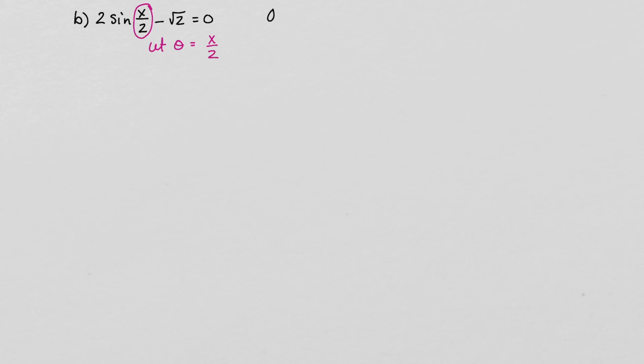Again, remember from the original instructions that x is between 0 and 2 pi. So for our theta, that means 0 divided by 2, all of these. So 0 is less than or equal to x over 2 is less than pi, or 0 is less than or equal to theta less than pi.